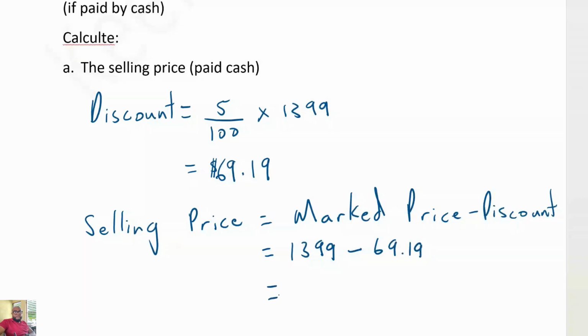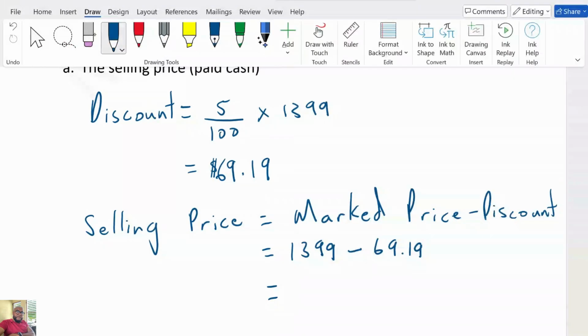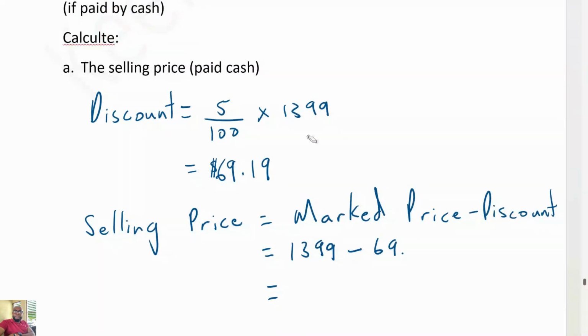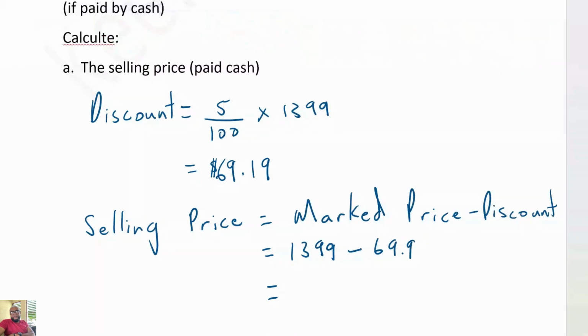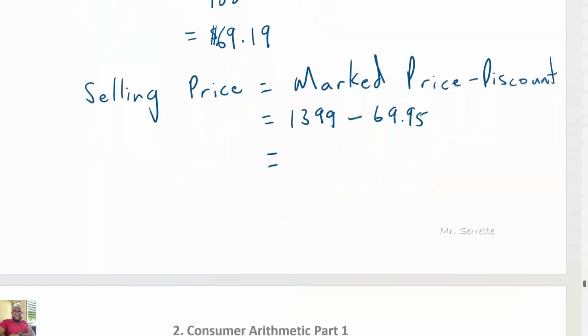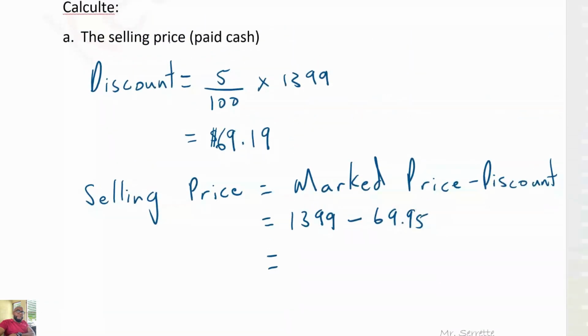What does this work out to be? Press the A and B over C now, and you'll get it as a decimal. Give me the decimal. 69.95. What's after the 5? Nothing? 69.95 flat, right? So you have to fix this up here, discount.